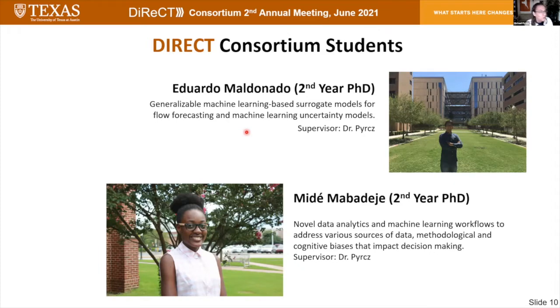So what Eduardo's done, and we just published a paper on it, we're excited to share this, is he's developed a workflow to be able to get machine learning based ensembles, multiple realizations, we would say in geostatistics, that have a good uncertainty. We feel this is a first, and this is going to be a game changer for subsurface prediction because uncertainty is essential to everything we do.